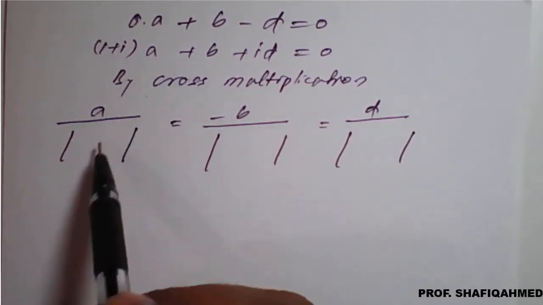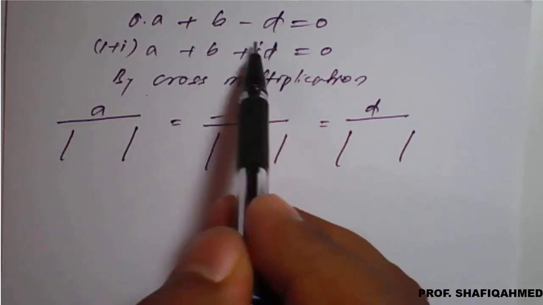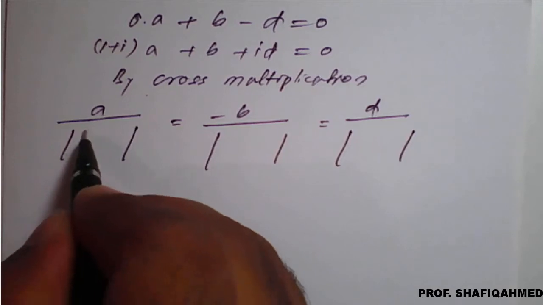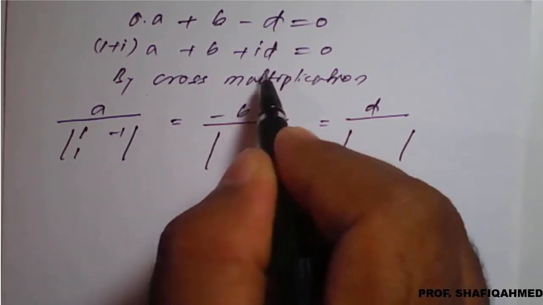To find the determinant of a, we have to hide this a, so we take b minus d, b and plus id. So the coefficient of b is 1, coefficient of d is minus 1, coefficient of b is 1, coefficient of d is plus i.